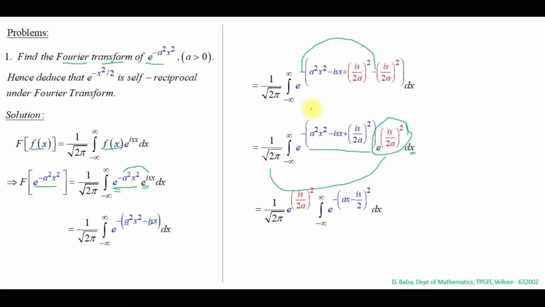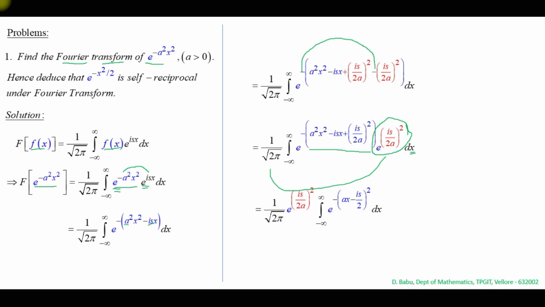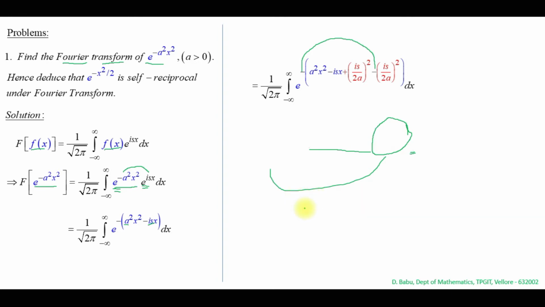You can check it yourself, which equals 1 divided by square root of 2 pi. Now i square is minus 1, 2 square is 4, a square is a square. That is minus s square by 4a square.